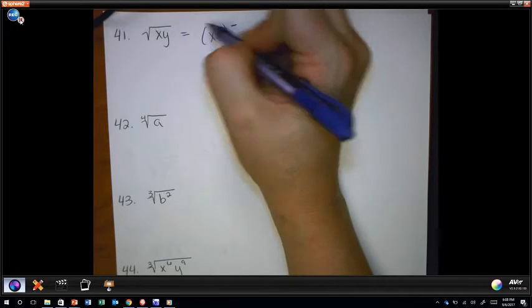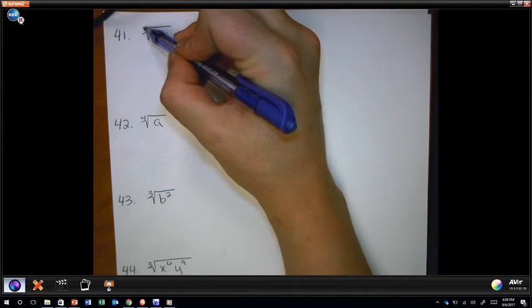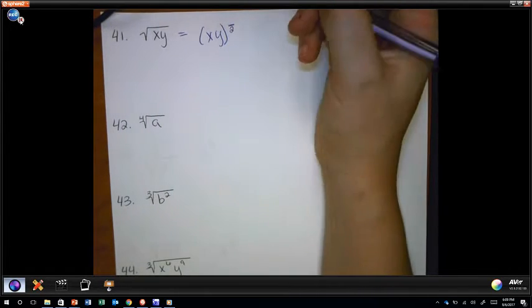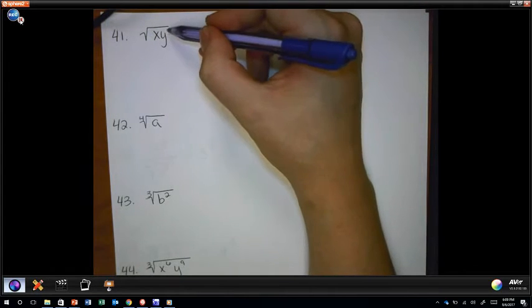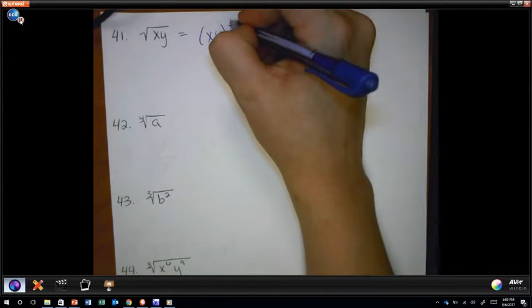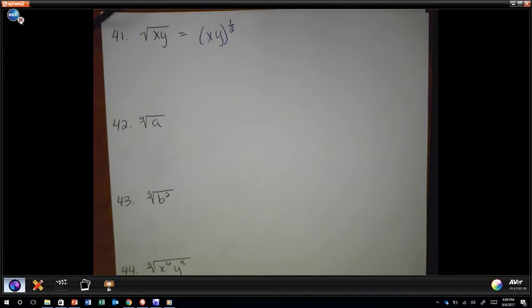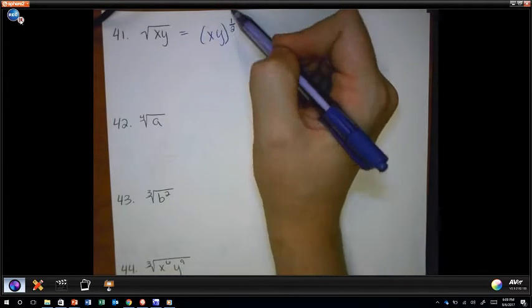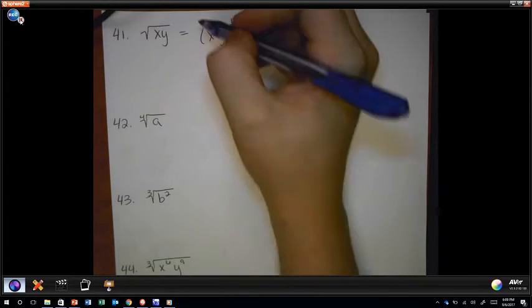My denominator comes from my index. If there's no index written, your denominator is 2. Your numerator comes from your power. If you have no power, it is 1. This is a rational exponent, therefore I am finished.